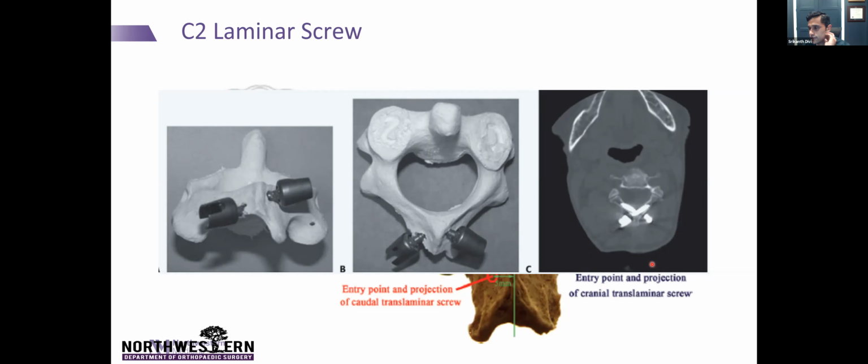For most indications I can think of for C1-2 fusion, you're going to get a CT anyway. Most of the time it's trauma, so you have that anyways. Other things like rheumatoid or severe C1-2 arthritis necessitating fusion, you're going to get a CT anyways for that. I think CT is pretty helpful.